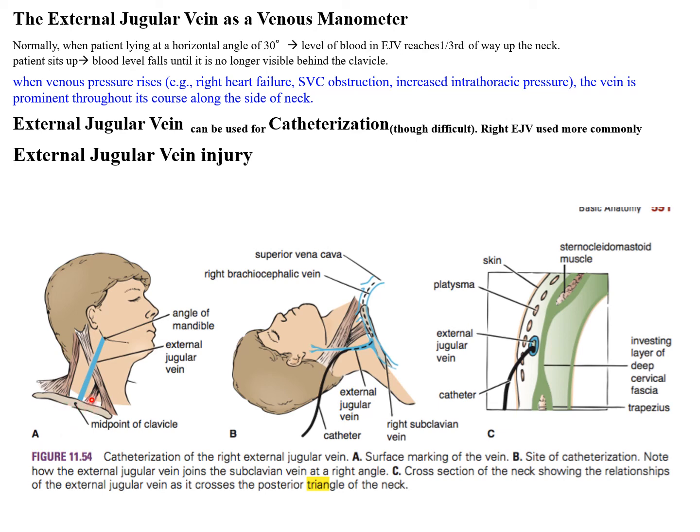However, when the venous pressure is high, for example in conditions like right heart failure, superior vena cava obstruction, increased intrathoracic pressure, the vein remains prominent throughout its course along the side of the neck. Also, the external jugular vein can be used for catheterization. This is very difficult and not usually performed. When done, the right external jugular vein is preferred.